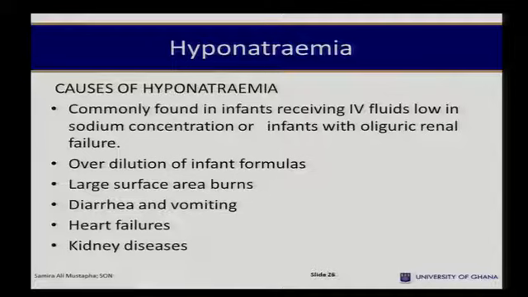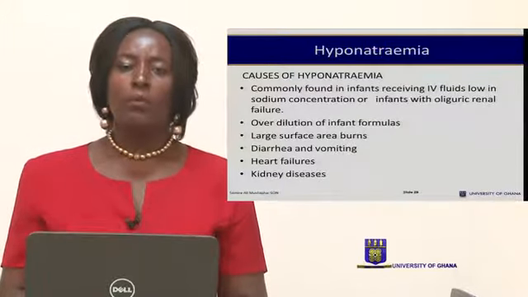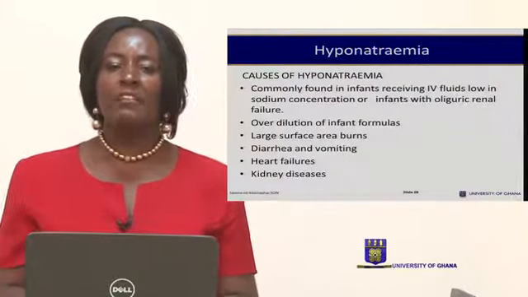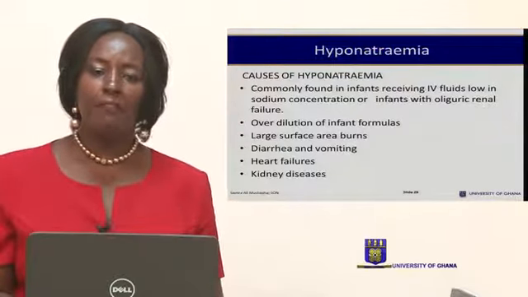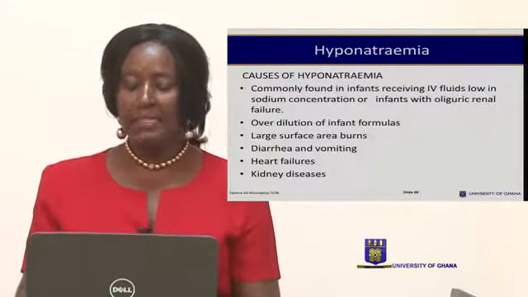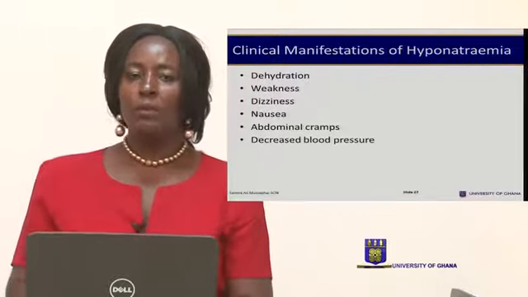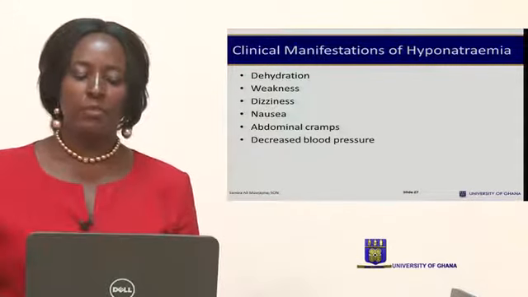So when we give above what is expected, it can cause hyponatremia. And also, when we have fluid loss through large surface burns, diarrhea and vomiting, and some kidney diseases, all these will cause hyponatremia.